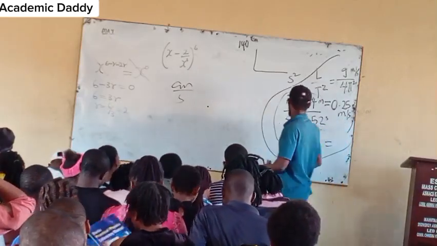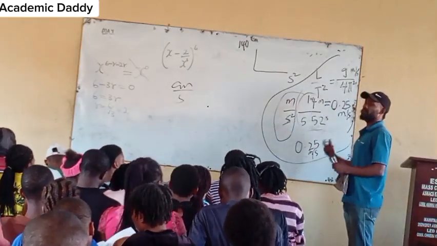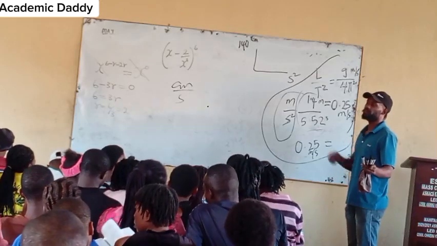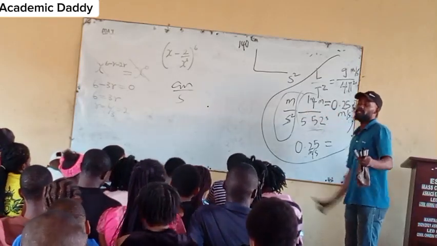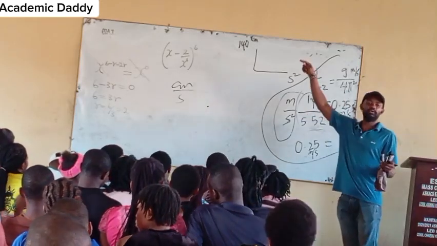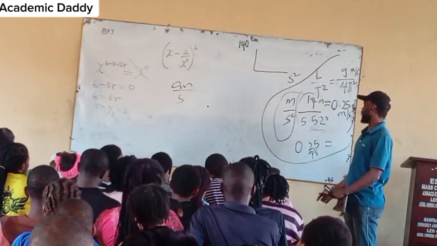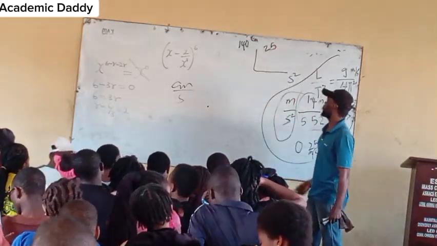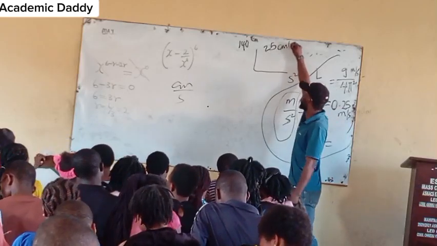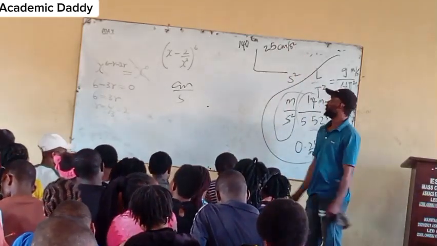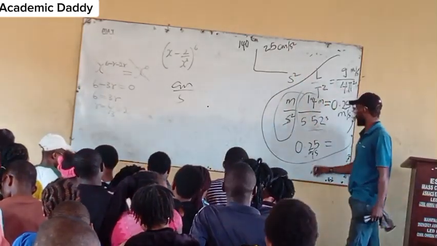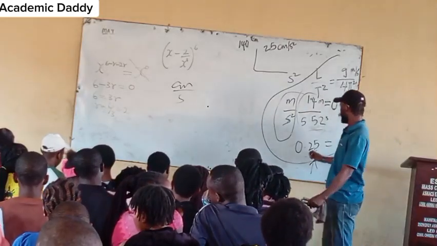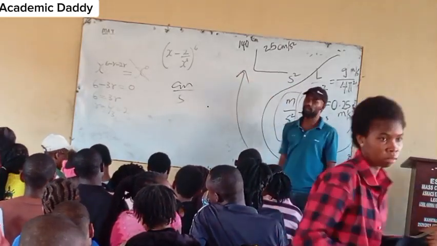You know that from meter to centimeter we multiply, and from centimeter to meter we divide. So it's not hard. For your graph, if you get 25, it is the same as saying 25 centimeter per second square. So when you take this to what we have here, it should be the same thing, and when you take what you have there to this, it should be the same thing.